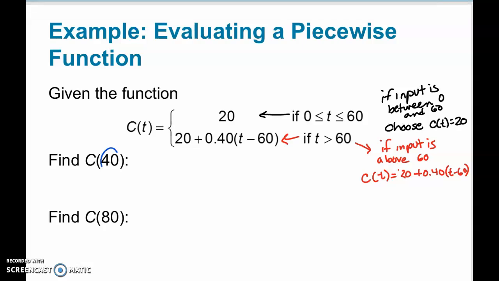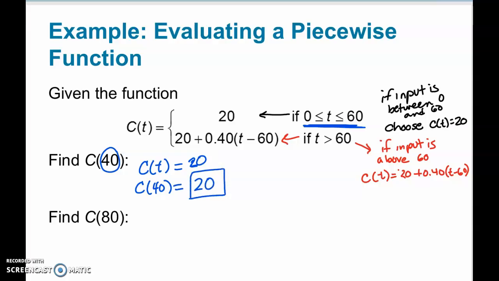So I look at the input, 40, and I look to the right of our function, where I'm going to make the choice. For 40, that falls between 0 and 60, and so I'm going to choose this. And so C at 40, there's no t here to put in. C at 40 is simply 20.